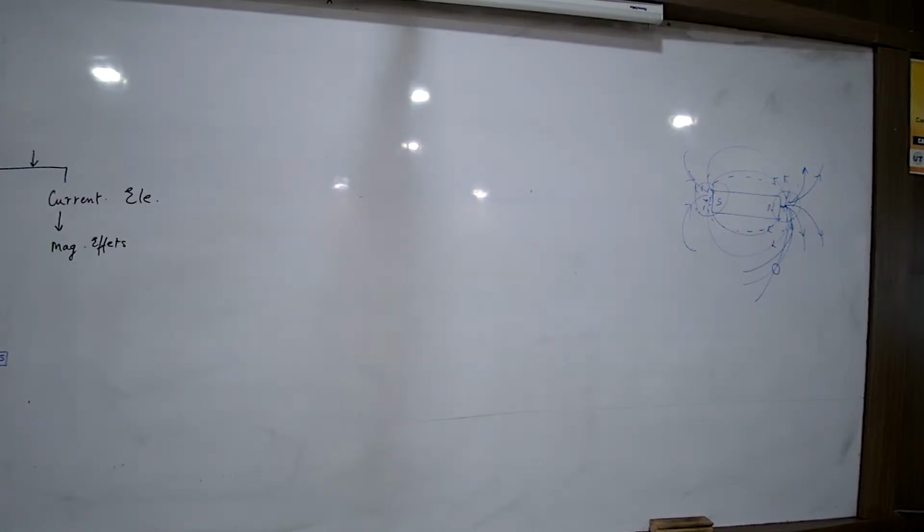Now you talk about the relative strength. What's happening at the poles? It's crowded, more crowded. So what does it show? If the magnet, the strength is more. Come on, write down. The relative strength of the magnetic field, from your textbook only.